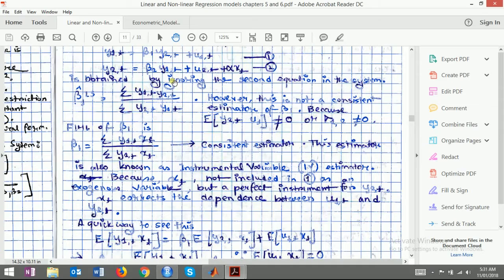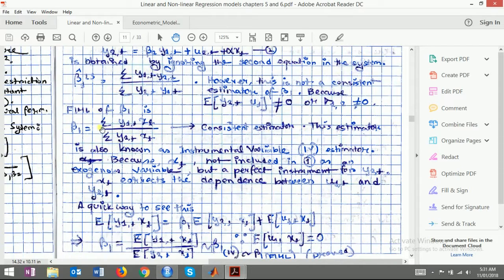Xt corrects the dependence between u1t and y2t. So this is the instrument for y2t, and it corrects the correlation. It's a consistent estimator because xt is the instrumental variable.